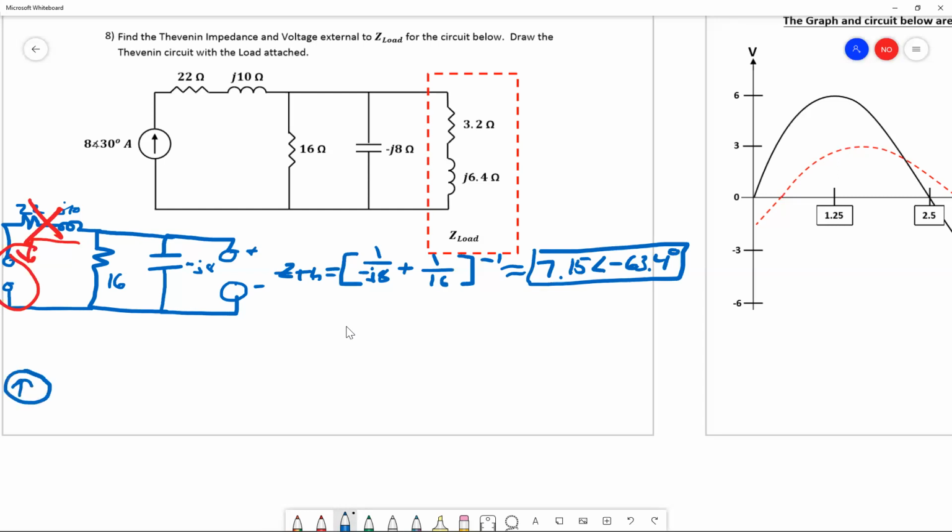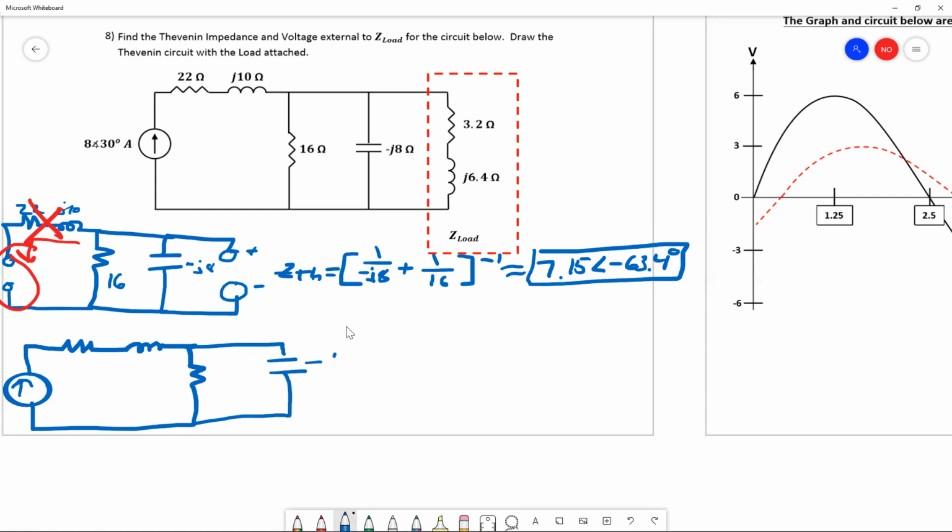So we'll put our source back in and redraw the circuit. J10 and 22, and this is 8 at an angle of 30, and we'll keep the load open. Whatever the voltage is at these points is the Thevenin voltage.